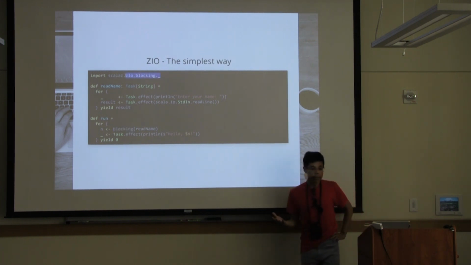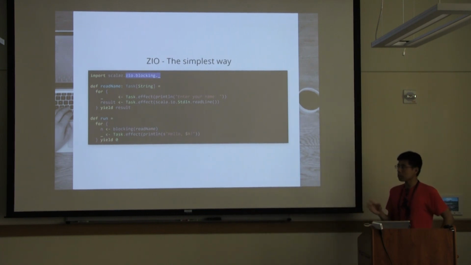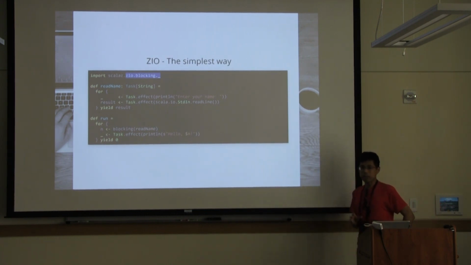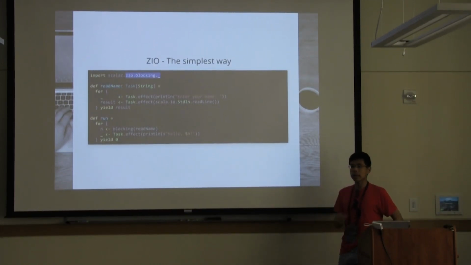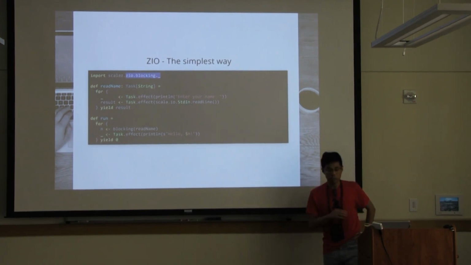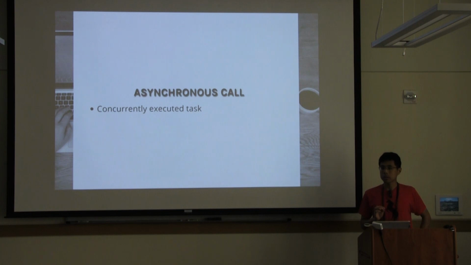That effectively tells ZIO that this I/O is blocking and that it has to use a specific thread pool dedicated to blocking calls. And then ZIO will handle it for you. You don't have to create your own thread pools or anything else. ZIO will take care of it. I hope that answers your questions.